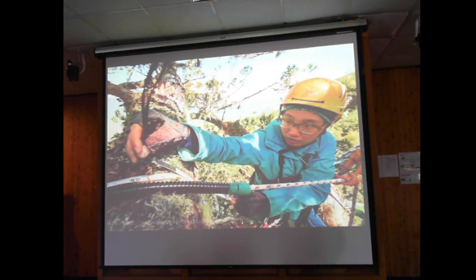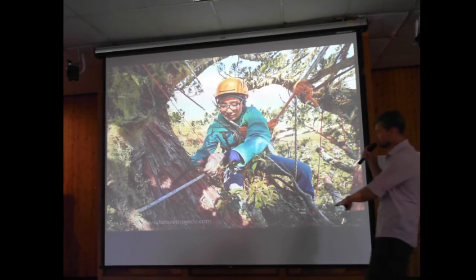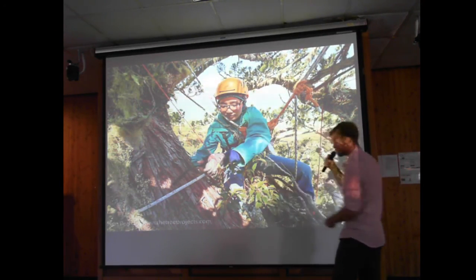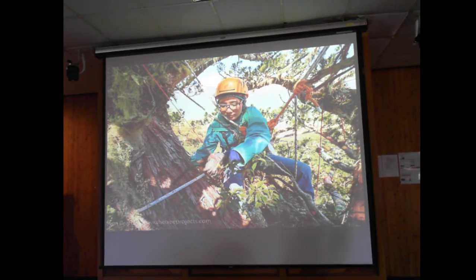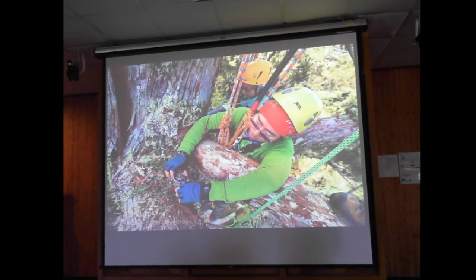Sometimes it works out great. There's these amazing epiphytes everywhere, beautiful rhododendrons. This is Sky taking those measurements of the branches. Very methodical approach. Again, still working. Taking the measurements again with the compass.